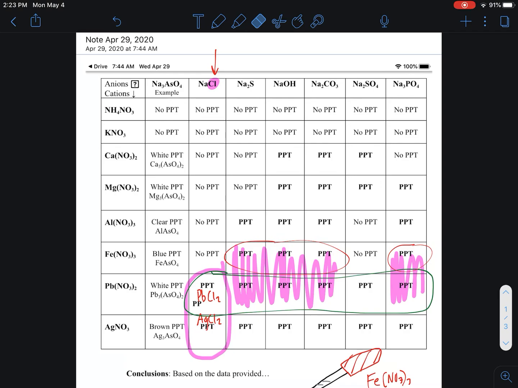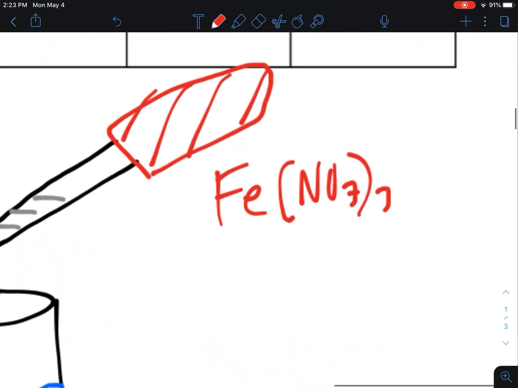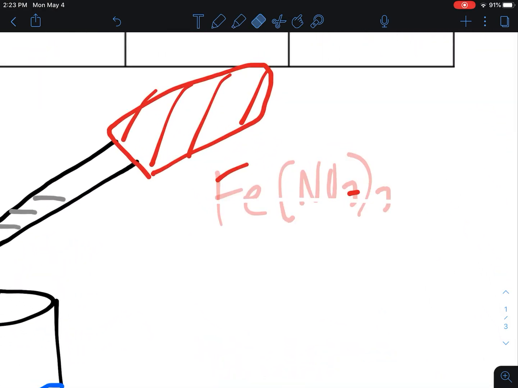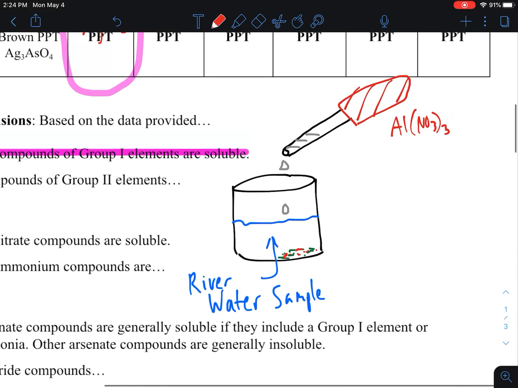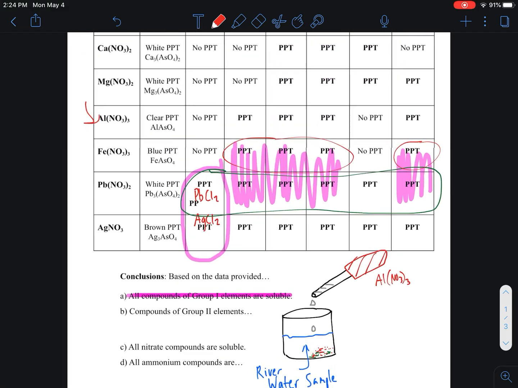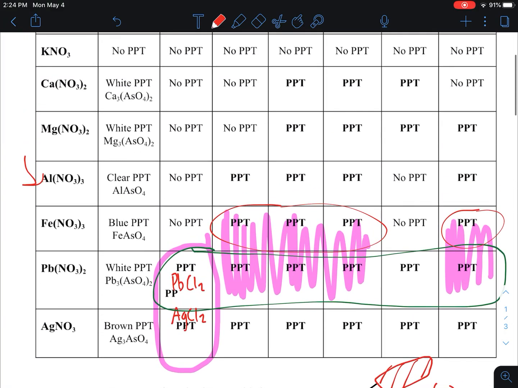So that's how you could use this. Now we'd have to react another thing. Now let's react aluminum nitrate. So I'm going to do aluminum nitrate. And let's see, we add some drops to the water, and again, a solid is formed. So now we've narrowed it down to a solid forming here and here.